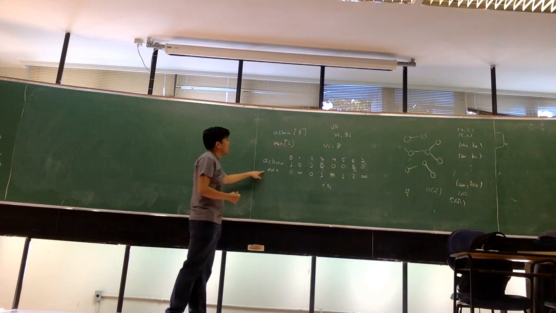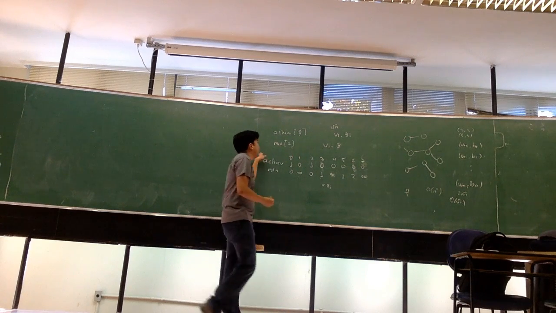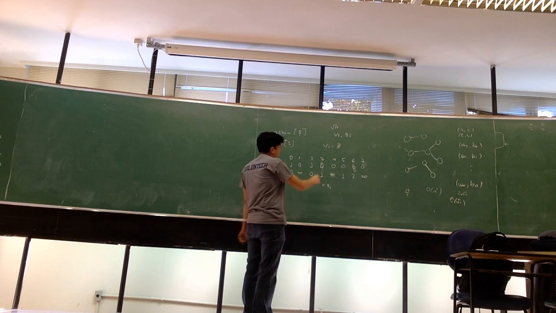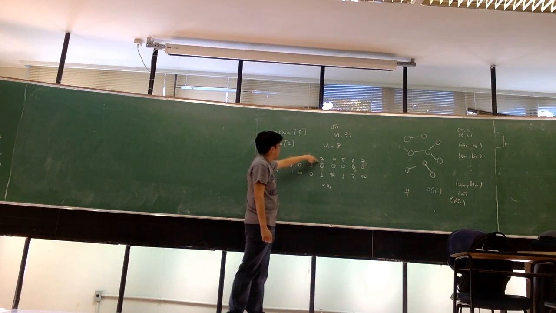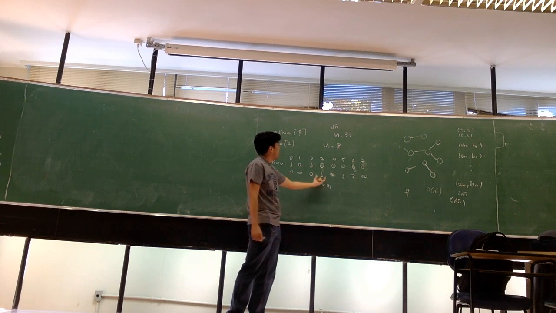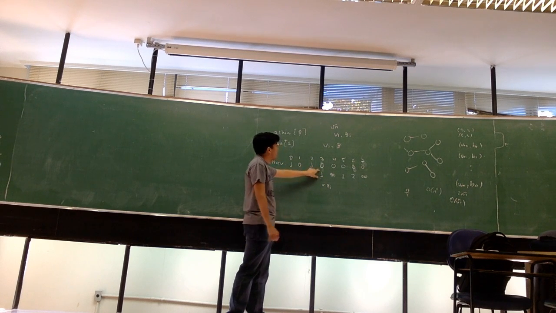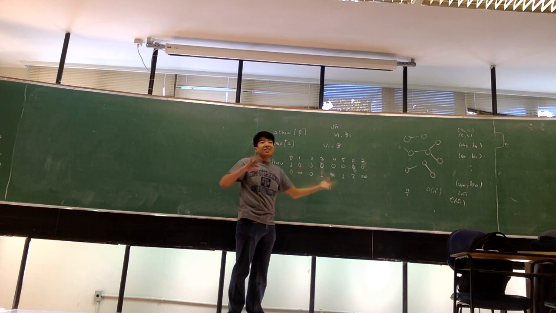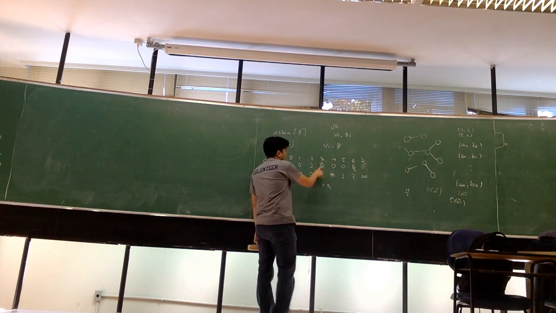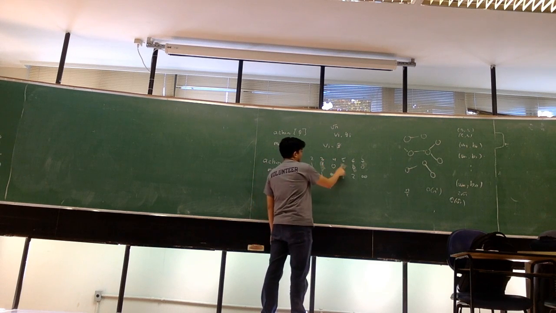So once we have this array, we can update the achievable array by checking whether the current value is achievable, or whether I can achieve it using at most qi times vi. Does that make sense? So this guy becomes achievable, this guy becomes achievable.